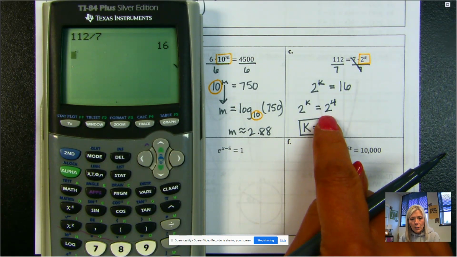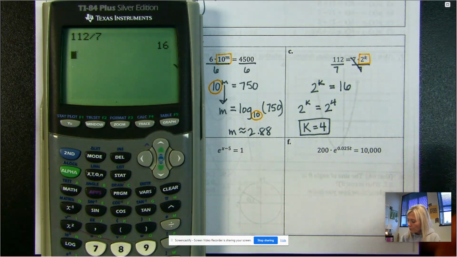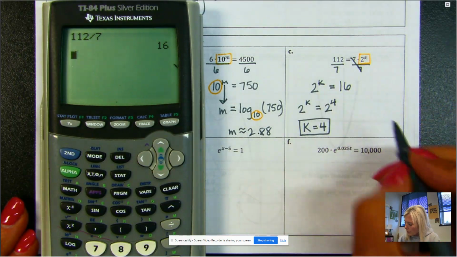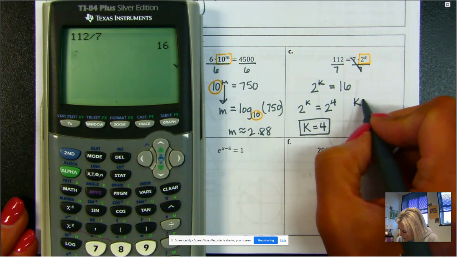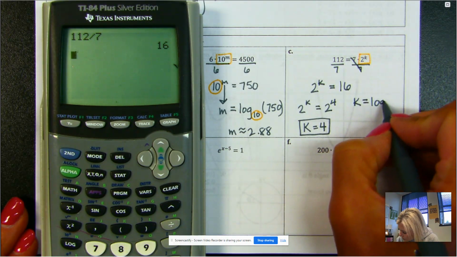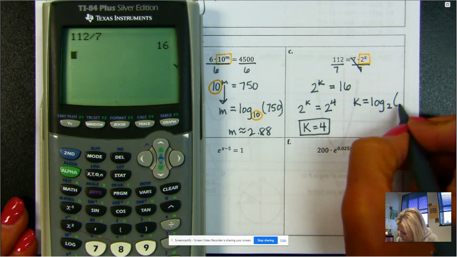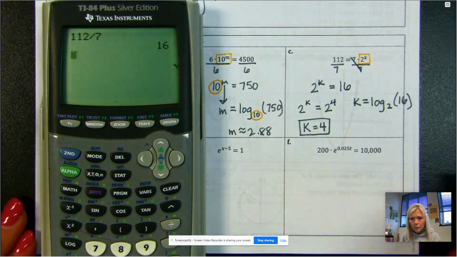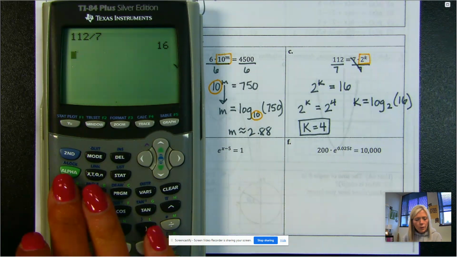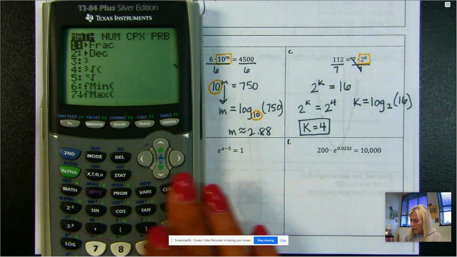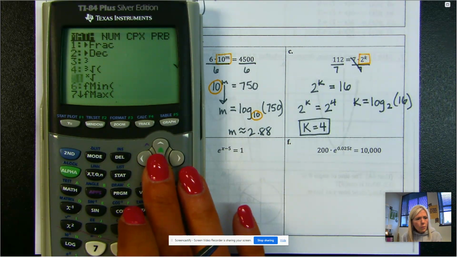So that's one option you could do there, is just knowing that the exponents have to be equal, because you can write 16 as a power of 2. The other option is to use a logarithm. So again, our exponent comes down and it's equal to the log base 2 of 16. A lot of you figured out in the calculator how to get logs to a different base.